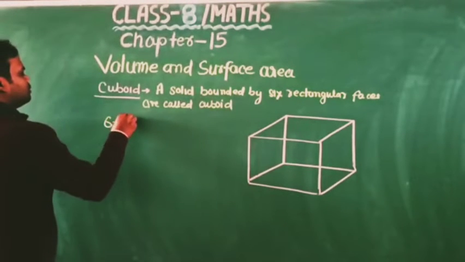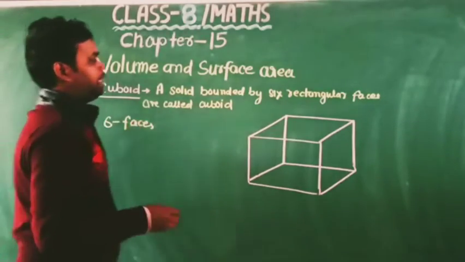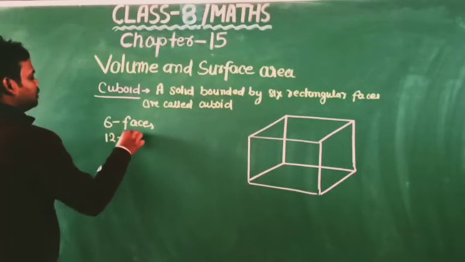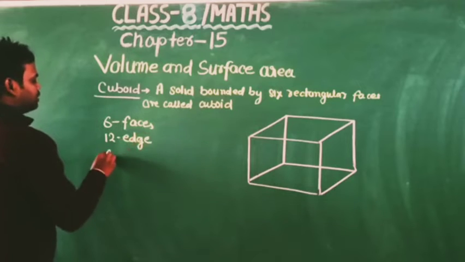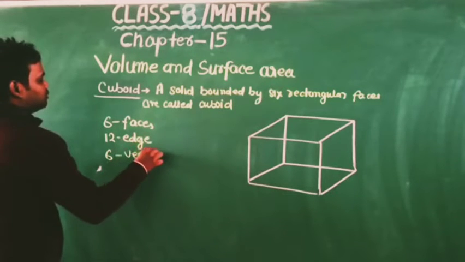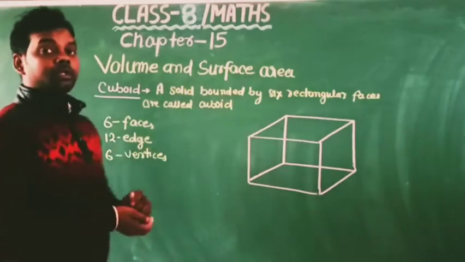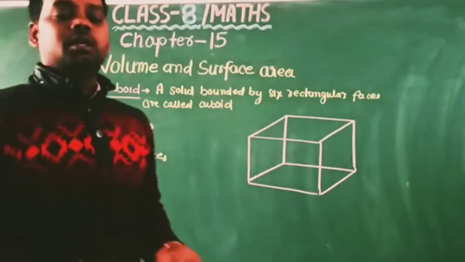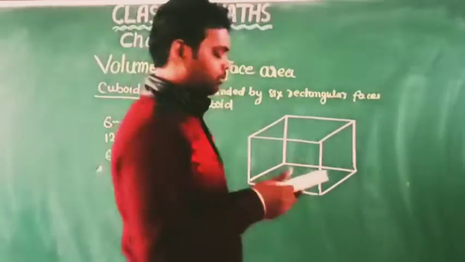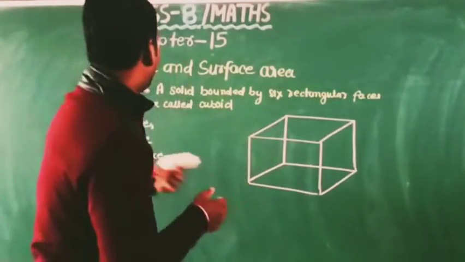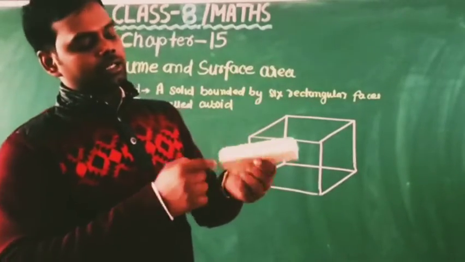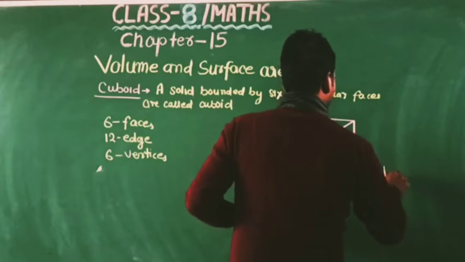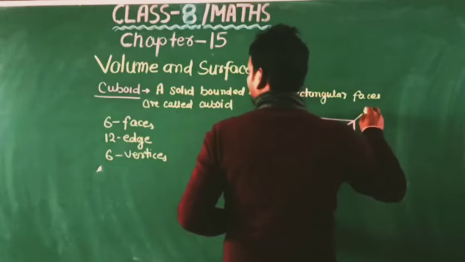So a solid bounded by 6 rectangular faces is called a cuboid, and a cuboid has six faces, 12 edges and 6 vertices. Okay children, see over here, these are 6 faces and 12 edges. 12 edges means the line, this line is called edge, and this is called vertex.